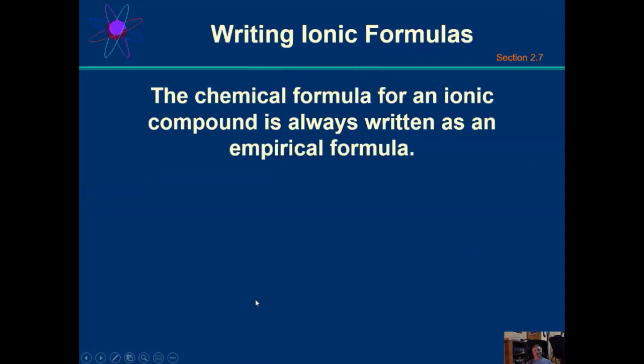Okay, writing ionic formulas. The chemical formula for an ionic compound is always written as an empirical formula. Let me remind you of why. Remember, ionic compounds are crystals, and crystals of ions are just made up of ratios of cation to anion.